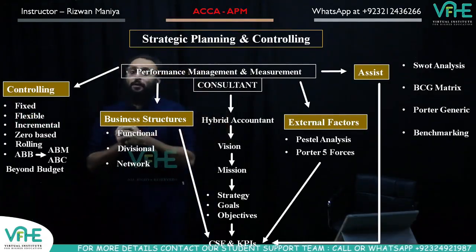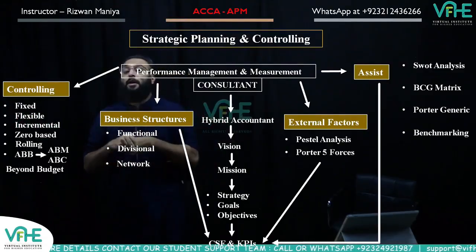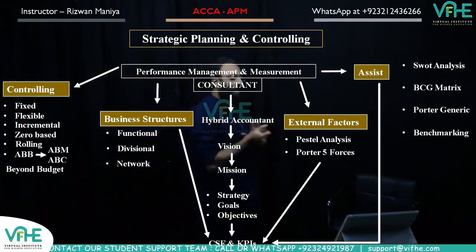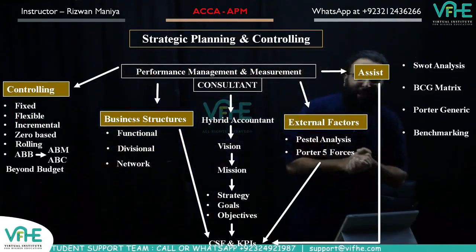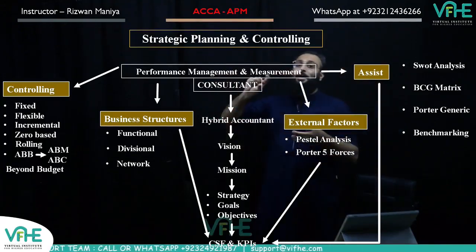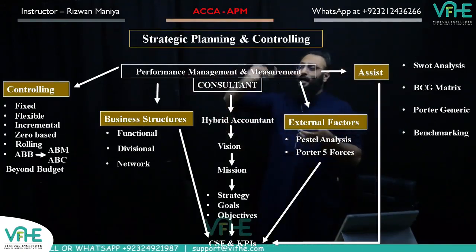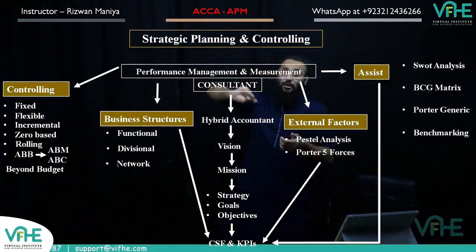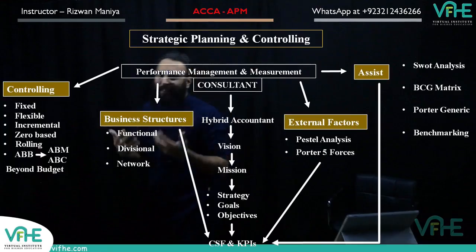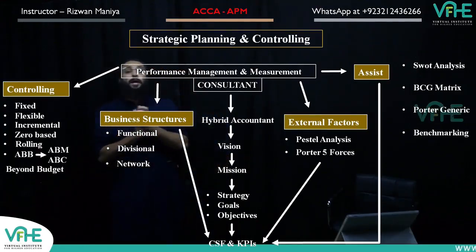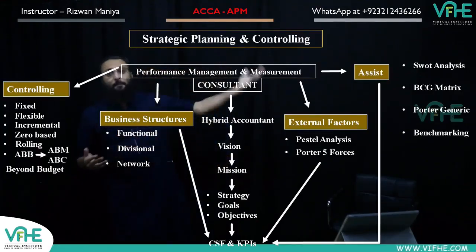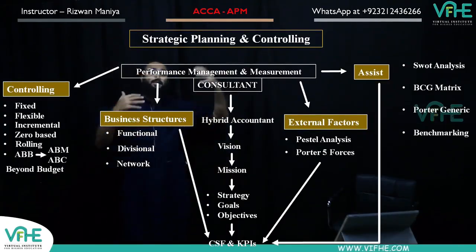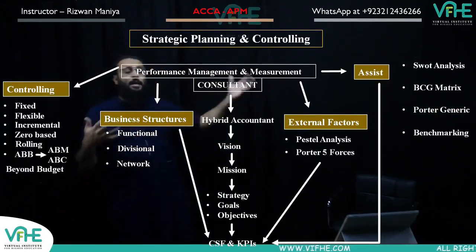ABC is a method through which you absorb the overheads using the activities, and activity-based budgeting is a method that prepares budgets for these activities. It looks at the consumption required for these activities in the upcoming year according to the business production and sales.